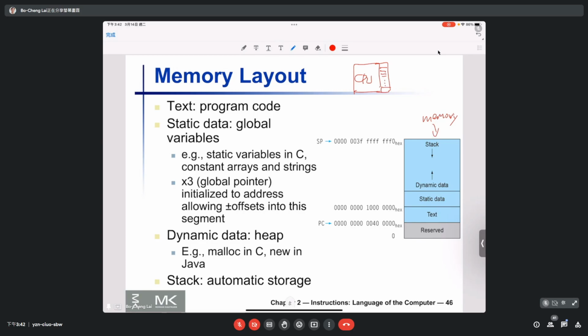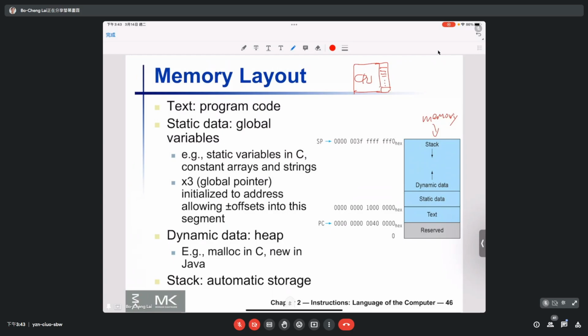What is static data? That's your global variables, the variables that you need across different functions. For example, your static variables in C, your constant arrays, your strings.